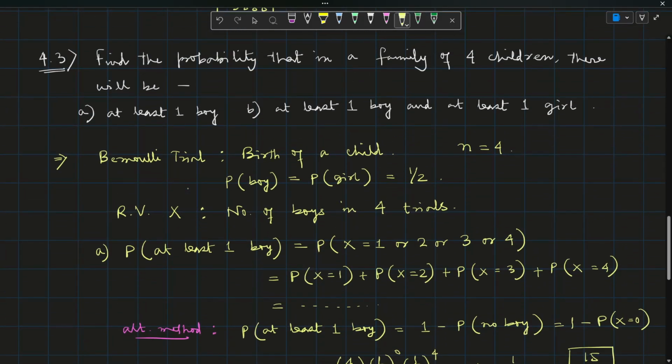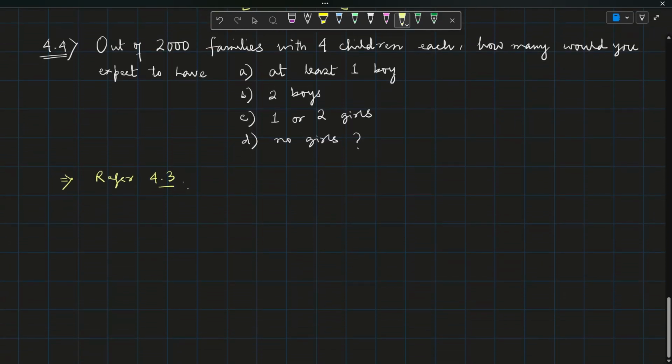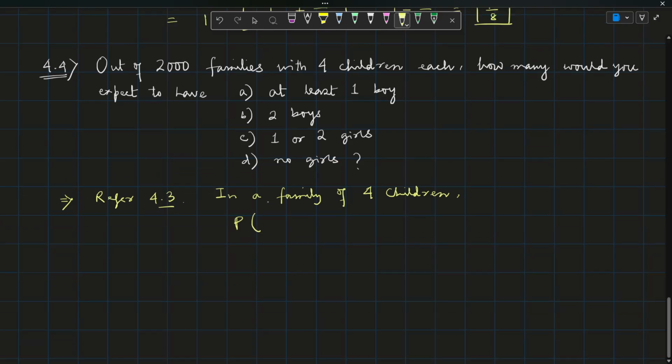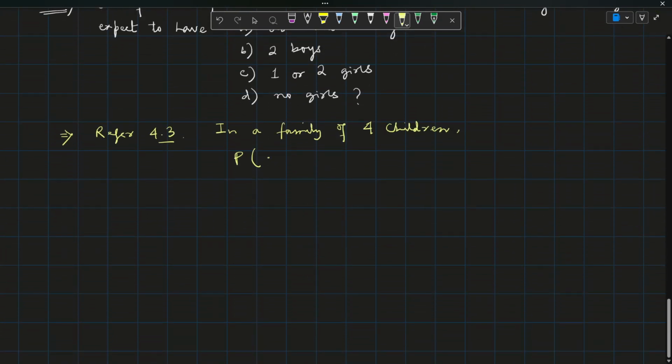In the earlier problem we calculated the probability in a family of 4 children, how many were boys. And we have seen in problem 4.3a that in a family of 4 children, the probability that there is at least one boy is 15 by 16.